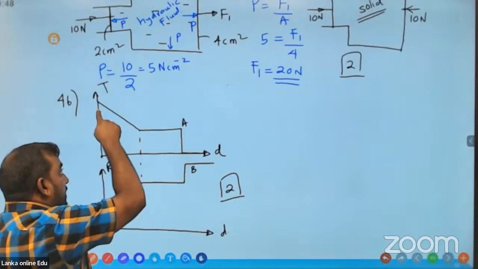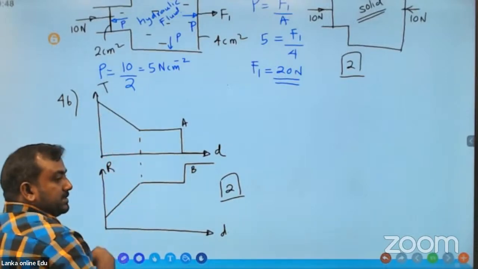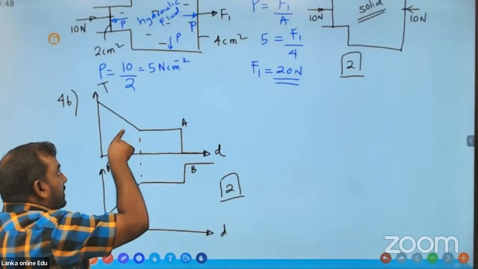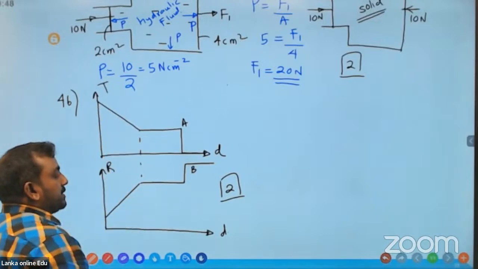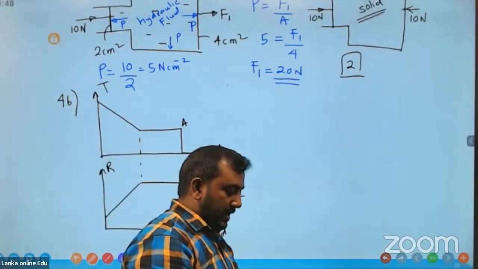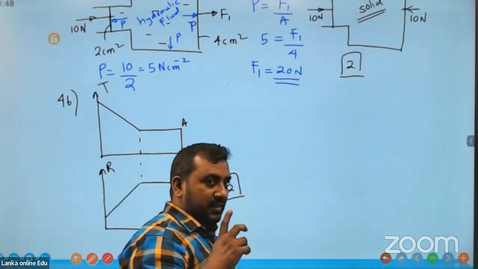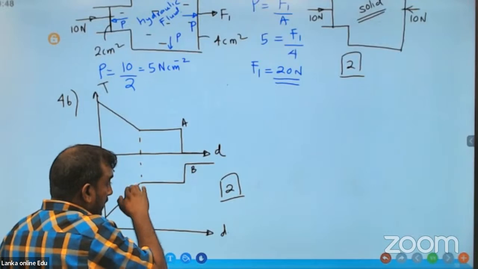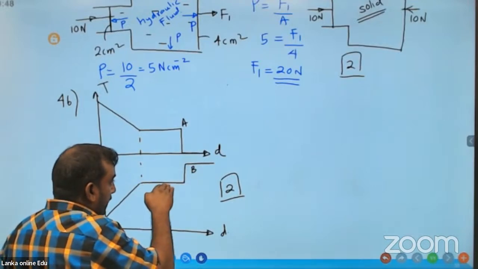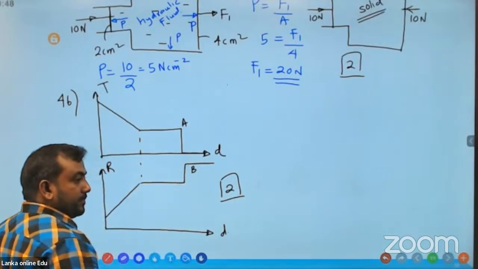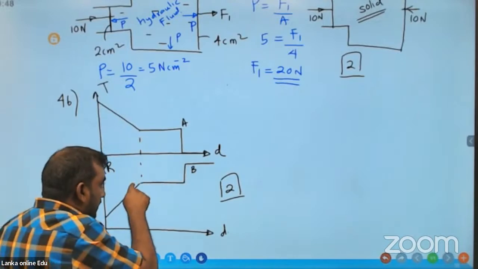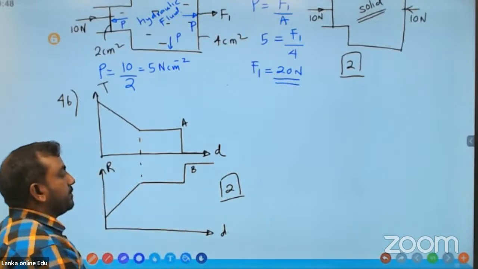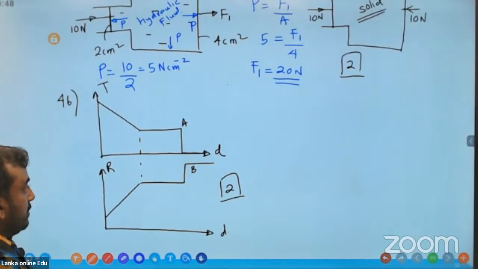Initially, when the tension reduces, the reaction will increase. When it's fully submerged, it will remain constant.